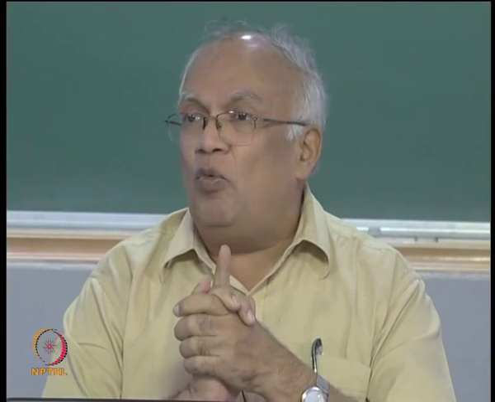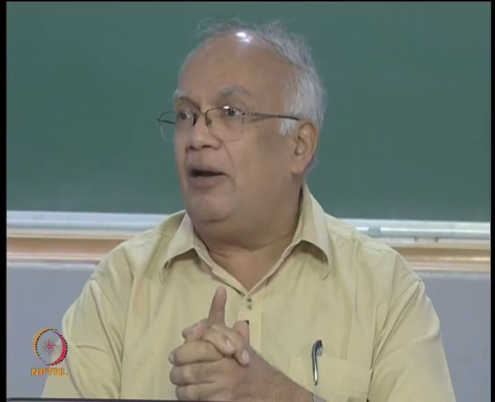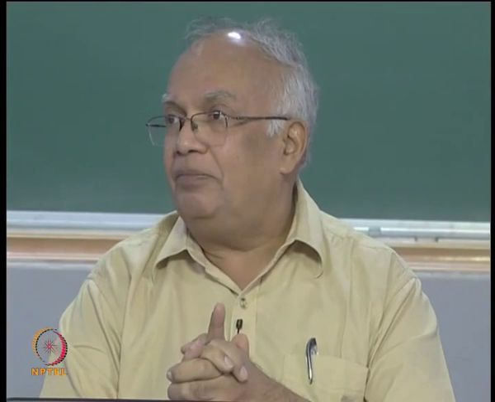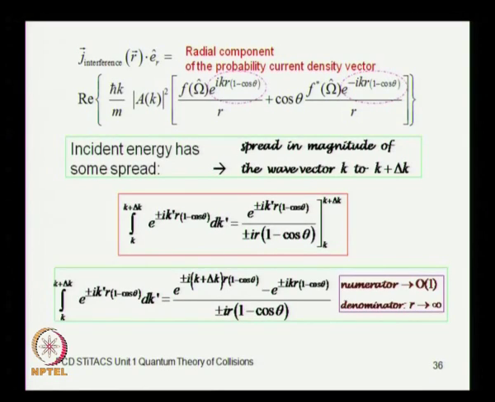except when cosine theta is equal to 1, because what you have in the denominator is not just r but also 1 minus cos theta, right. So, you can throw these terms except when cosine theta is equal to 1, and when is cos theta equal to 1?